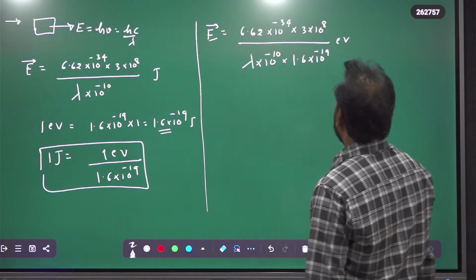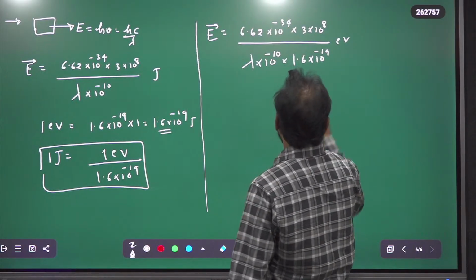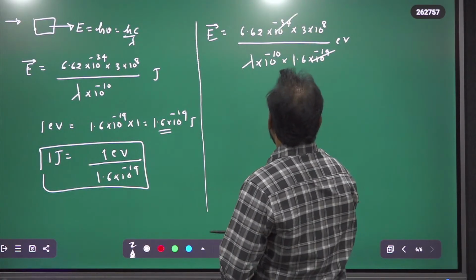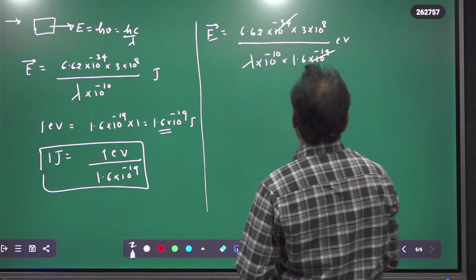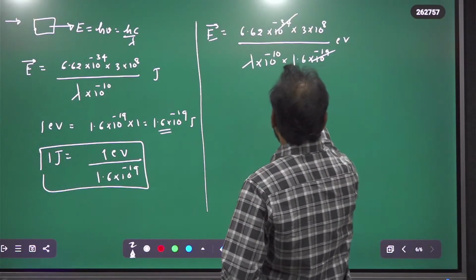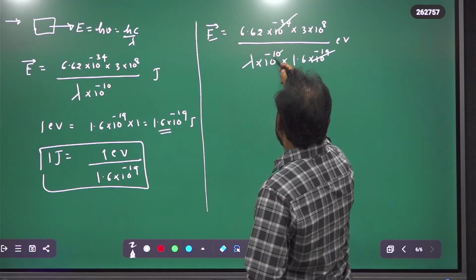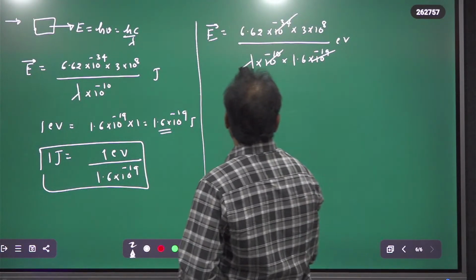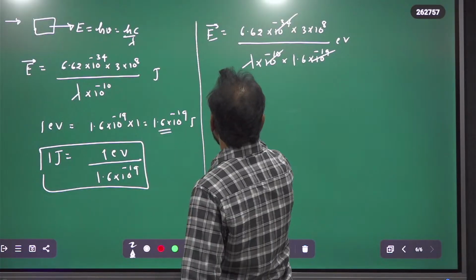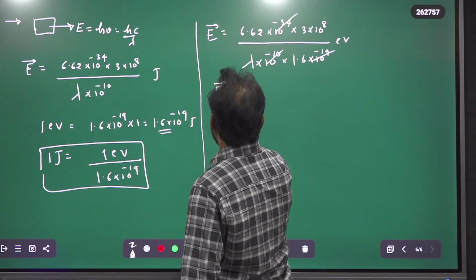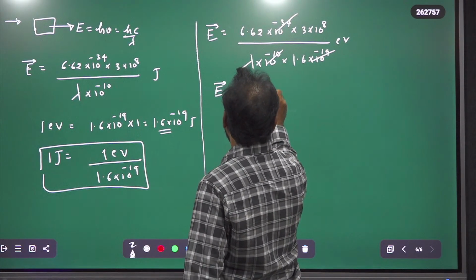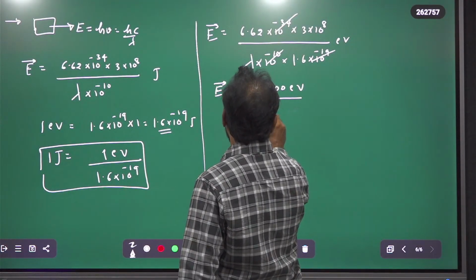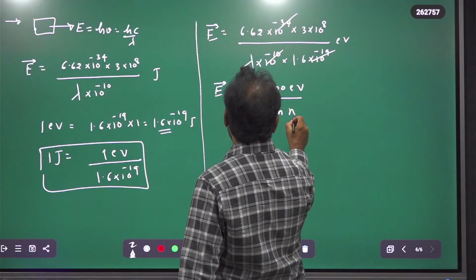Okay, right. Where 10 to the power of minus 34 and 10 to the power of minus 34... this is minus 29, and the minus 34 gets cancelled out here, and the remaining term would be E is equal to 12,400 electron volts upon lambda in angstroms.